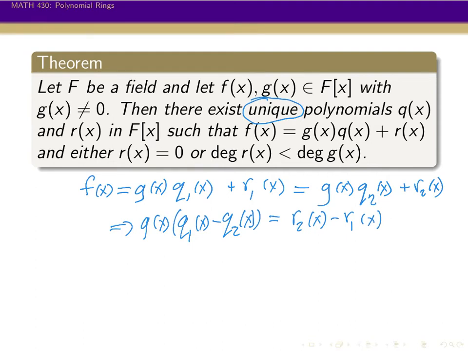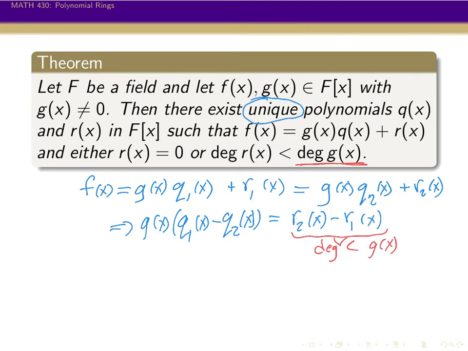Okay, now my claim is that both sides of this now have to be 0. And so why do they both have to be 0? Well, on the right-hand side, if it was non-zero, then this is the subtraction of two polynomials, both with degree strictly less than g of x. And so the degree of this side has to be less than the degree of g of x.